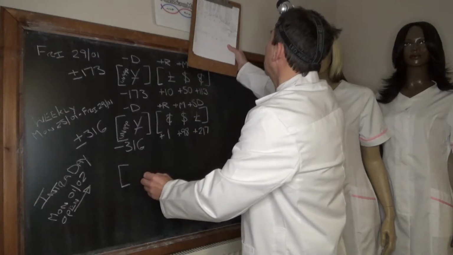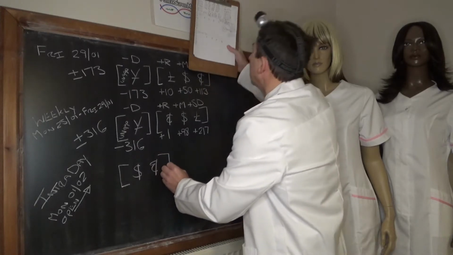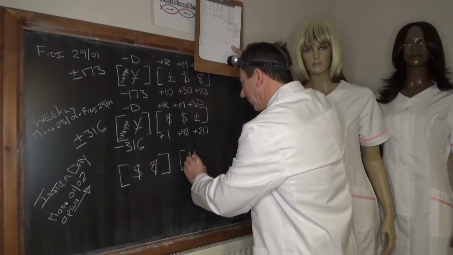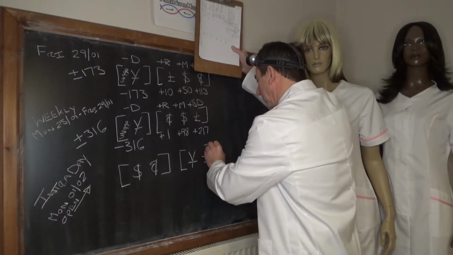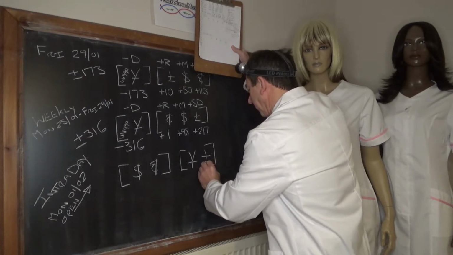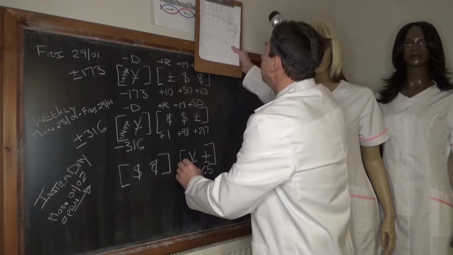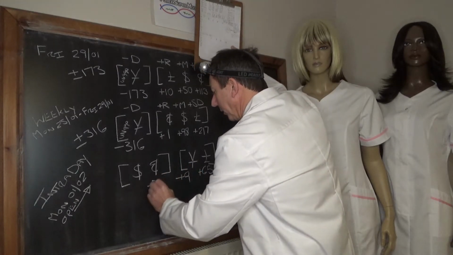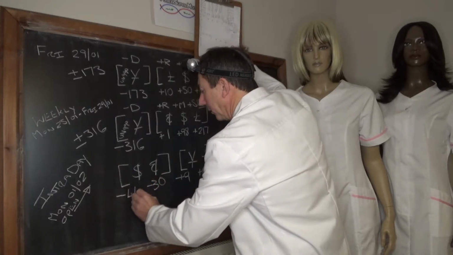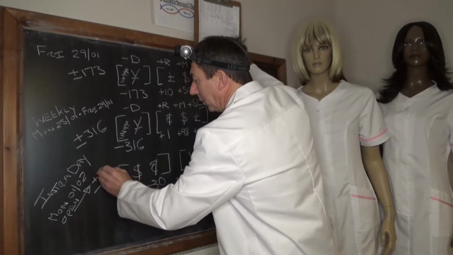We've got dollar, euro, yen, pound: plus 65 for the pound, plus 9 for the yen, minus 30 for the euro, and minus 44 for the dollar, on activity of plus or minus 74.